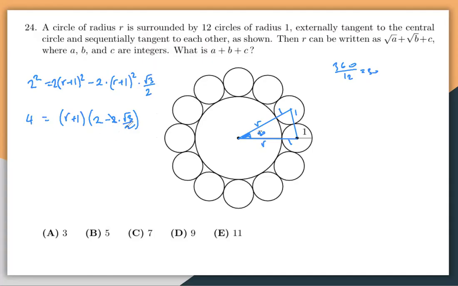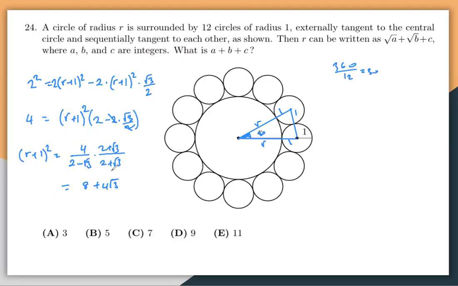If you simplify this and then divide by 2 minus root 3, we have the square right here. So R plus 1 squared is going to be 4 over 2 minus root 3. If I multiply the top and bottom by 2 plus root 3, you end up getting 8 plus 4 root 3.